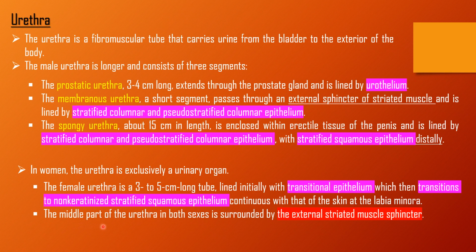The middle part of the urethra in both sexes is surrounded by external striated muscular sphincter, as we see here also.